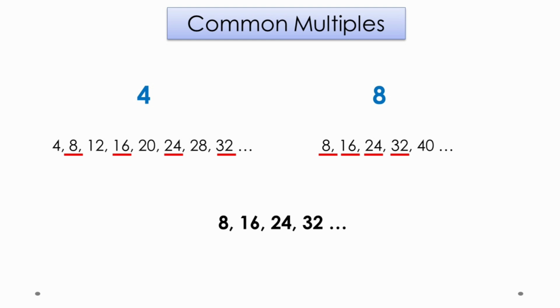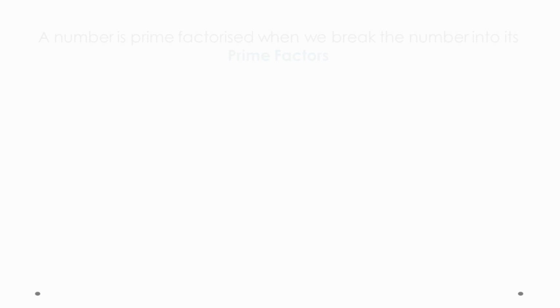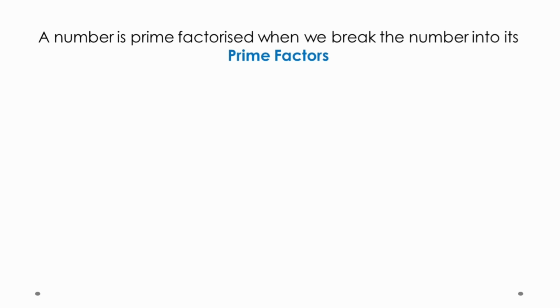Let's move on to the topic of prime factorization. A number is prime factorized when we break the number into its prime factors. Let us see how it is done. Expressing 48 as 12 into 4 is factorization, but the factors 12 and 4 are composite.